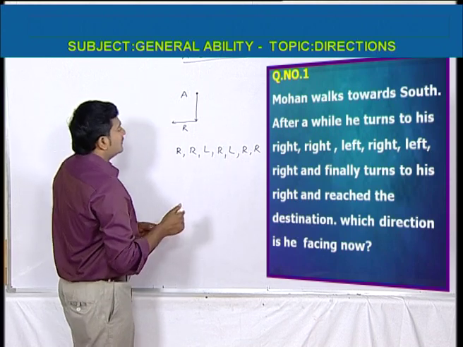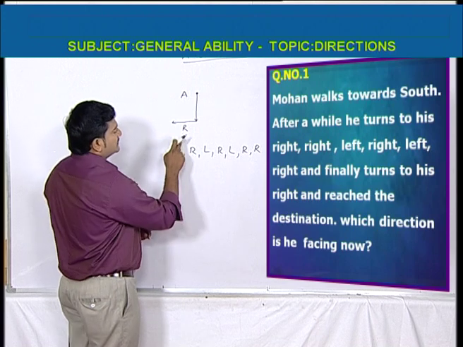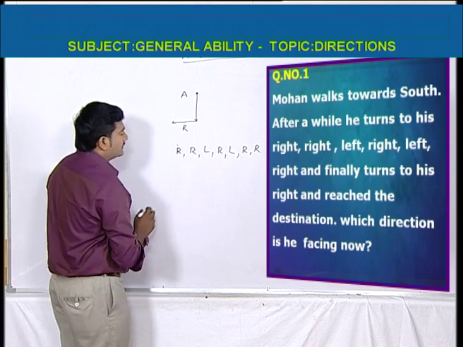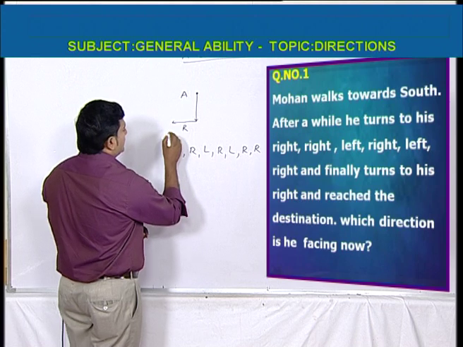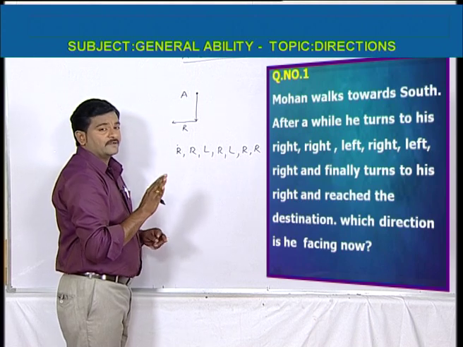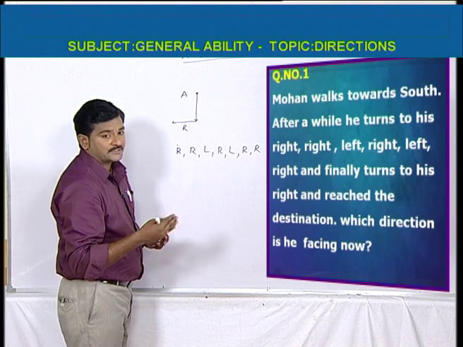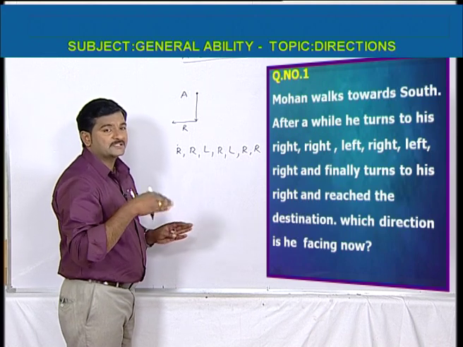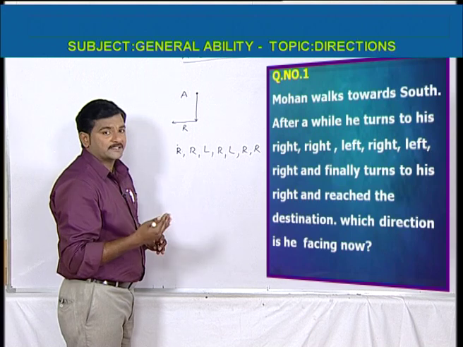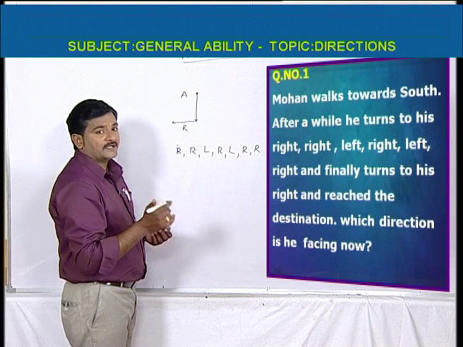Now first he turns in which direction? Right direction. Then again right direction. Here you can take a rough diagram. Diagram is not mandatory because he asked you to find only direction, not distance. If it is distance, then you should take an accurate diagram. Since it is only direction, we can take a rough diagram.